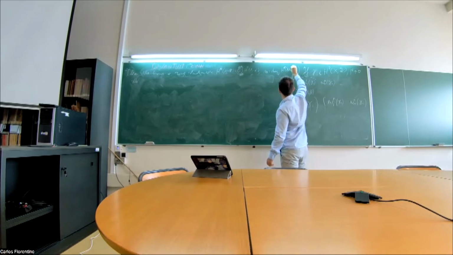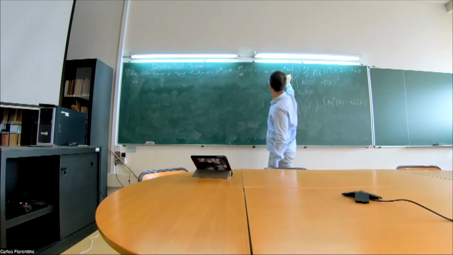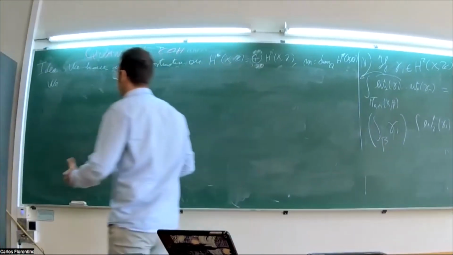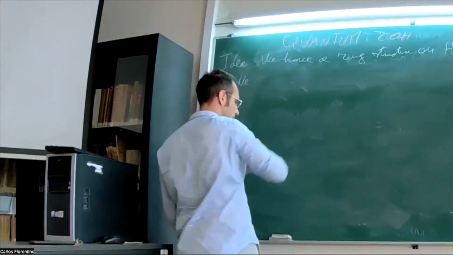This is just the tensor with Q. So M is the dimension of this as a Q vector space.